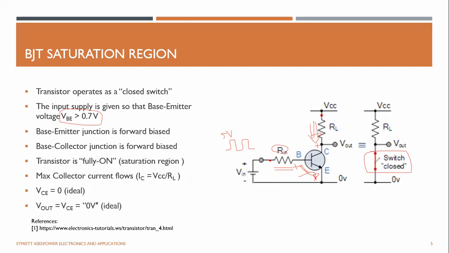There's no voltage drop. So the voltage drop across this is 0 volts in the ideal case. VCE is 0 volts, and the total VCC goes across this RL. So that is the output. This load voltage, if it is a motor, is now fully on, right?